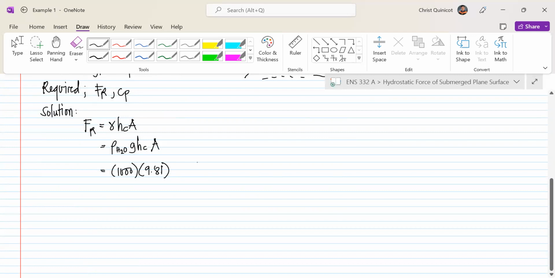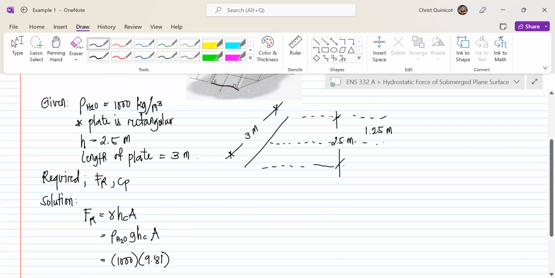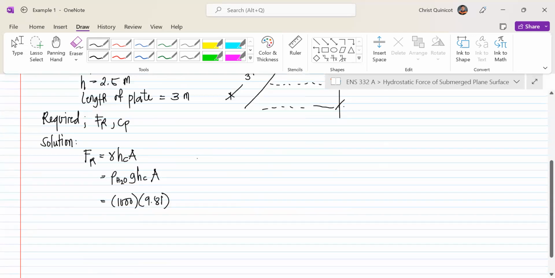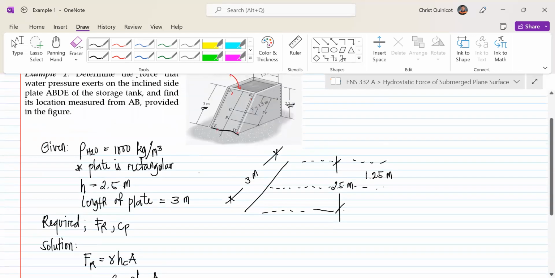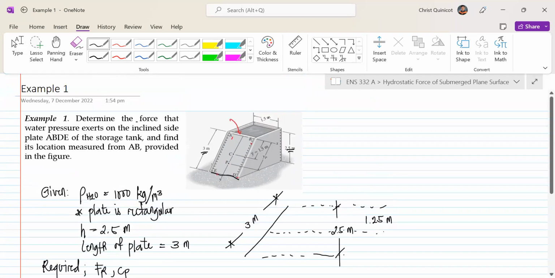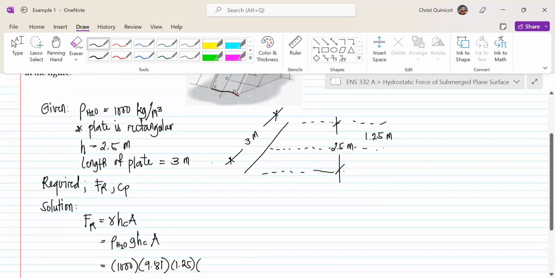And our h sub c is, like I said, 1.25 measured from AB or from the free surface, times our area. Since we have established already that our plate is rectangular, its area is base times height. Its base is the length of A to B, which is 1.5, times the height, which is 3 meters.